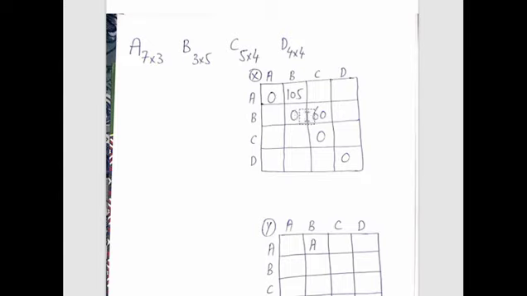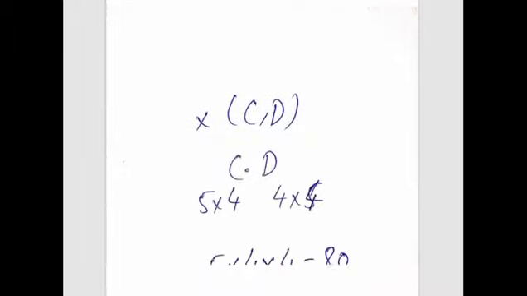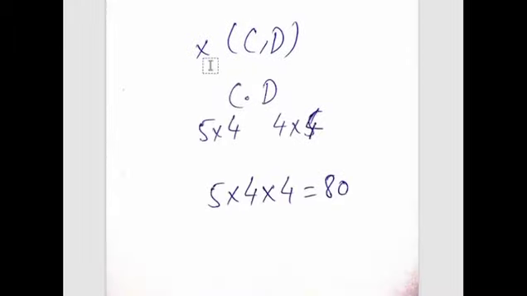And again the next one in the diagonal is C to D. So we will perform the multiplications for that. X of C comma D, which means that we have to multiply matrix C with the matrix D. What are the dimensions of the matrix C? The dimensions of C are 5 into 4 and the dimensions of D are 4 into 4.